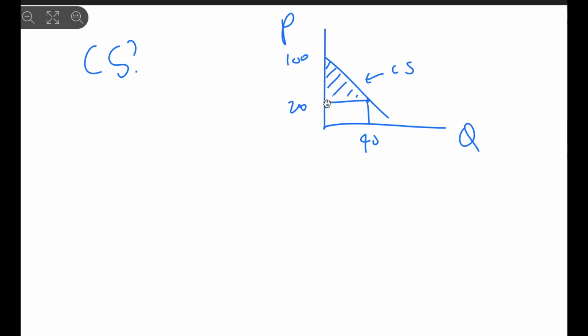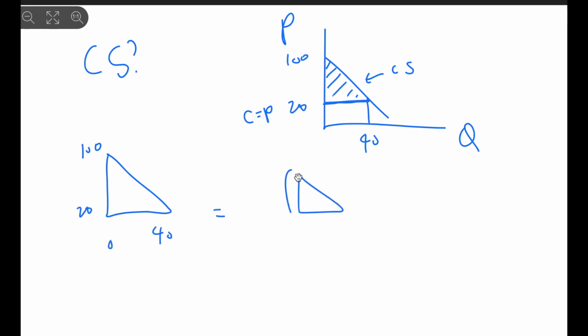For the profit part, we have 0 because the price equals the cost, right? So what is the consumer surplus? We are now detaching the triangle. We have 100 right there, 20, 0, 40. So we have the lengths of 80 and 40. The dimension is half of 80 times 40. We get 32, right?